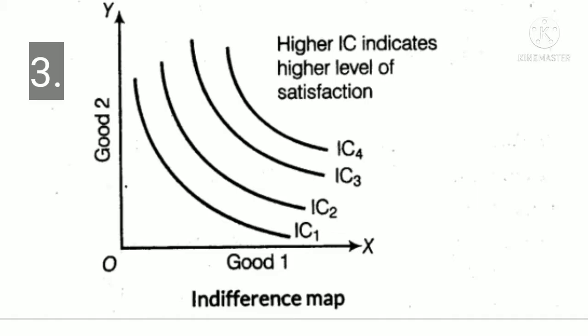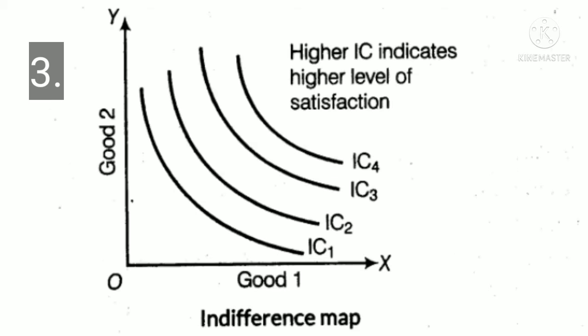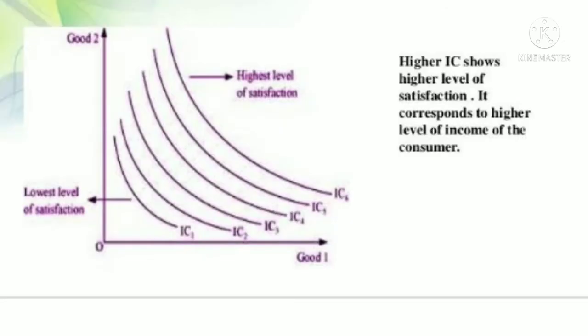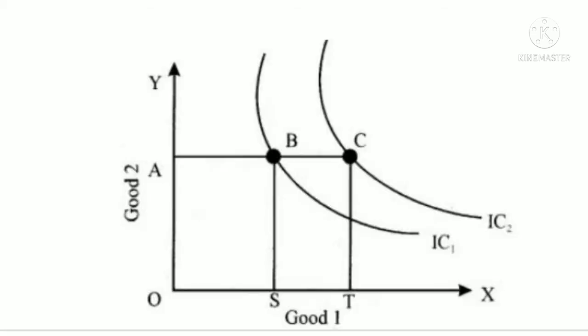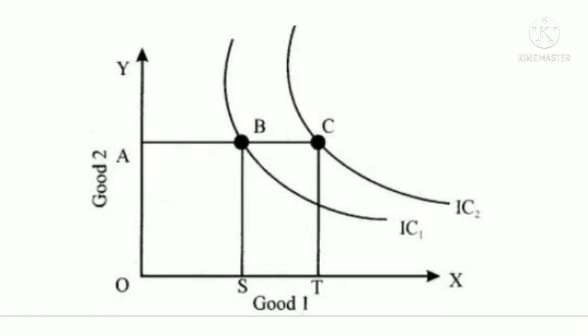Any IC to the right represents a higher level of satisfaction. This is because every IC to the right contains more quantities of both the commodities, or at least more of one commodity with no less of the other.